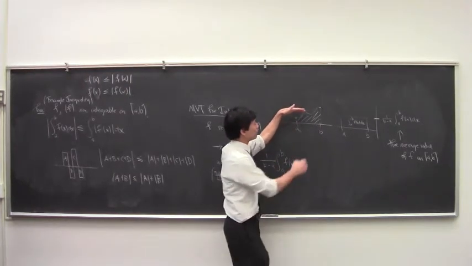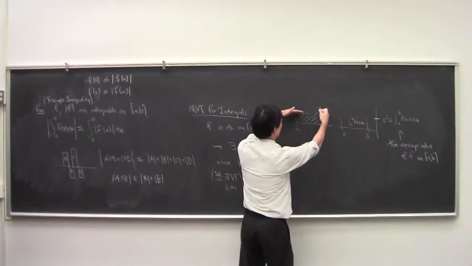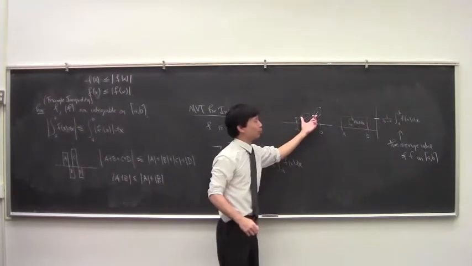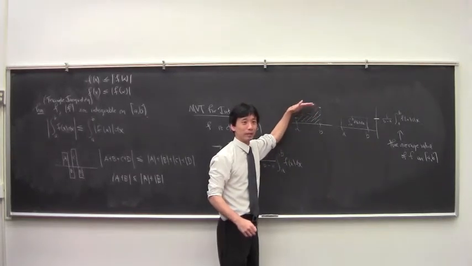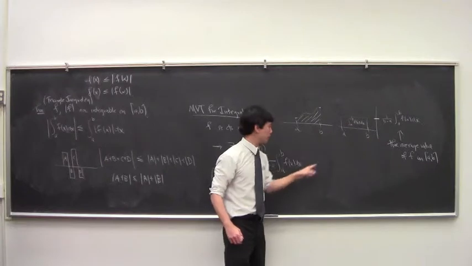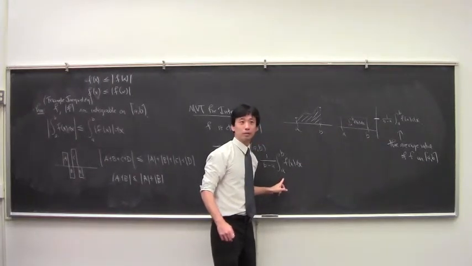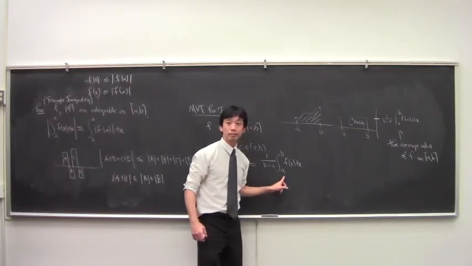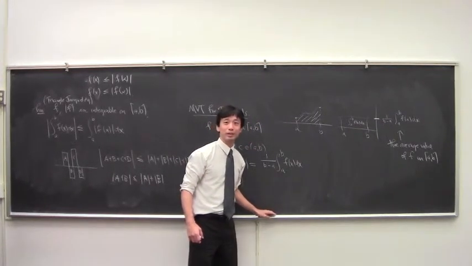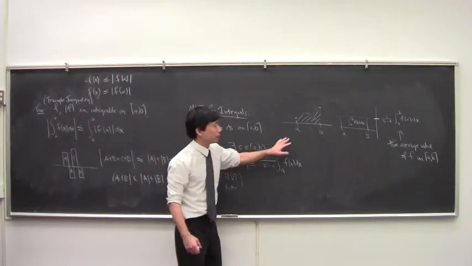If you think of this as water, and then just let the water settle down, the water would settle down to this height. It's the average value of the function.